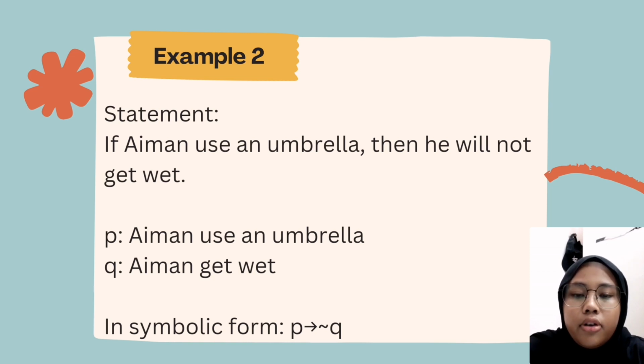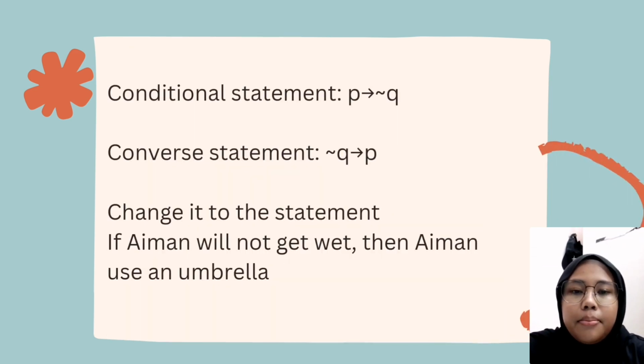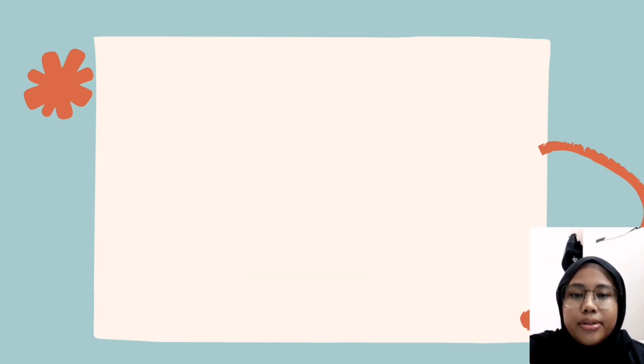So in symbolic form, P implies negation Q. The conditional statement, P implies negation Q, we change to the converse statement, which is negation Q implies P. After that, we change it back to a statement: if Aiman will not get wet, then Aiman uses an umbrella.